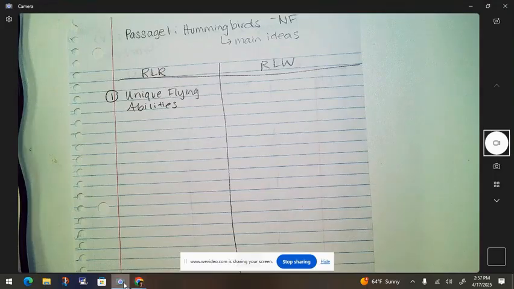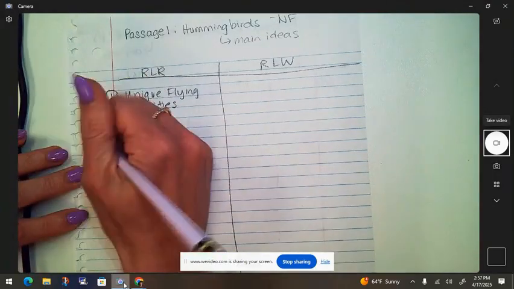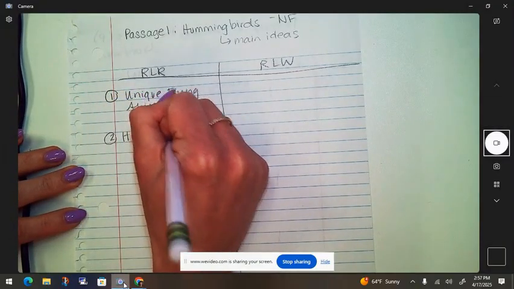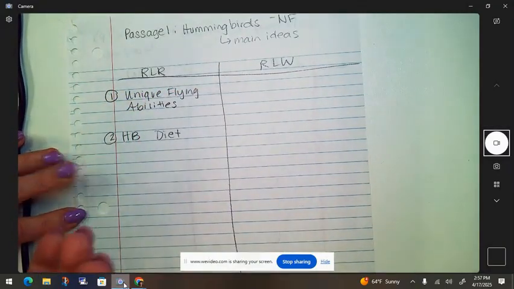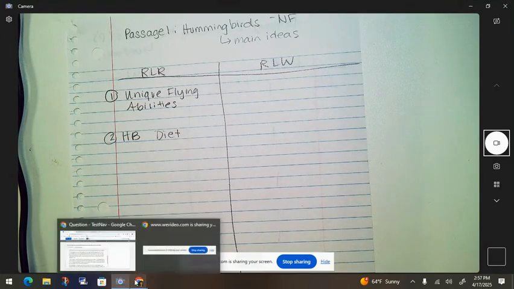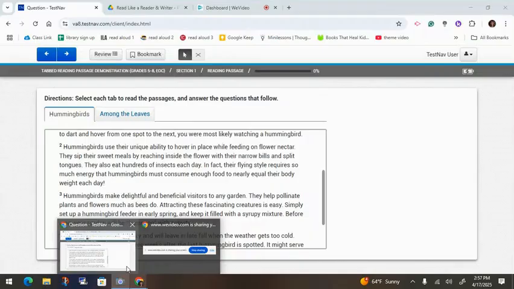So I think I will call this one Hummingbird Diet, or HB. Again, I'm shortening it, trying to keep these meaningful so that I'll know what was in the paragraph and where to look to find information related to that topic, but concise because I know I've got a couple passages to do.